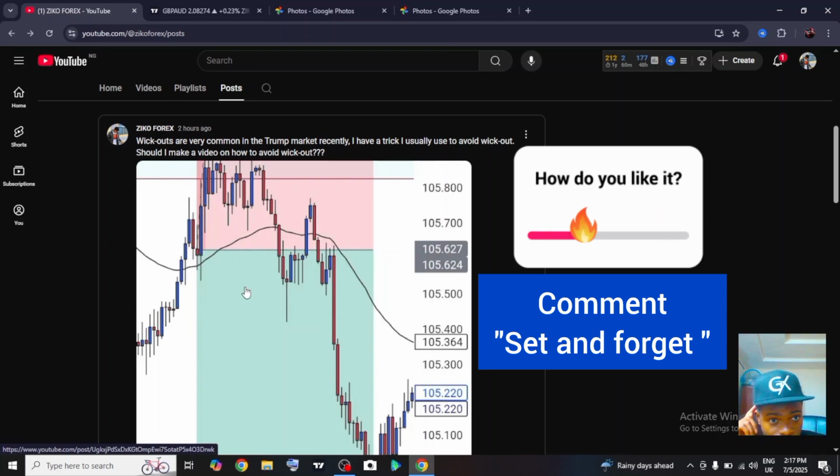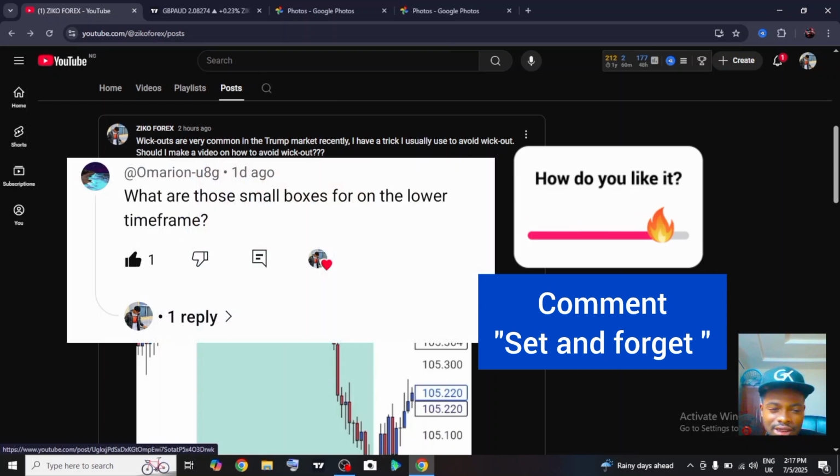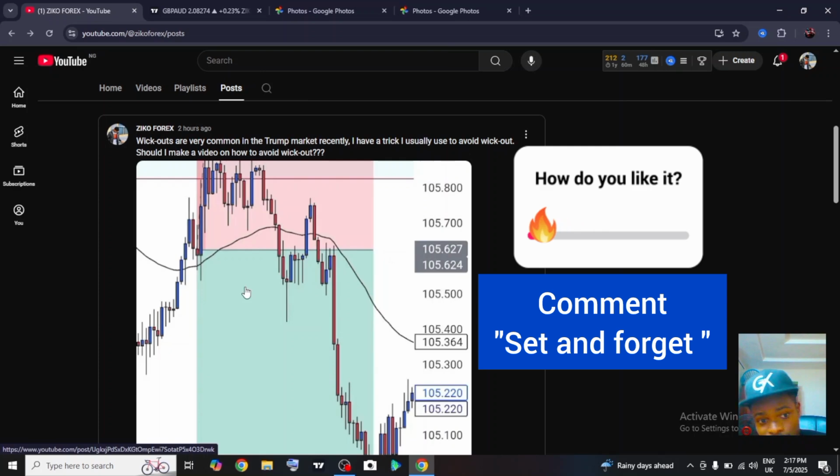Somebody was asking me in the last comment, he said why are there boxes on the lower time frame, right? It's those boxes that I usually use to help me avoid those wick outs. I posted that wick outs are very common in this strong market recently, and it's true, right? I have a trick that I usually use to avoid wick outs.